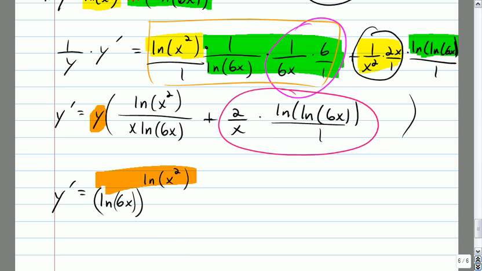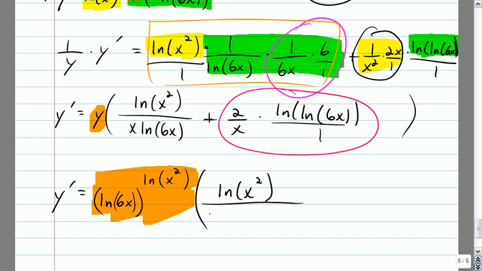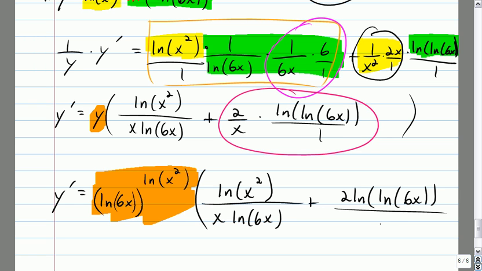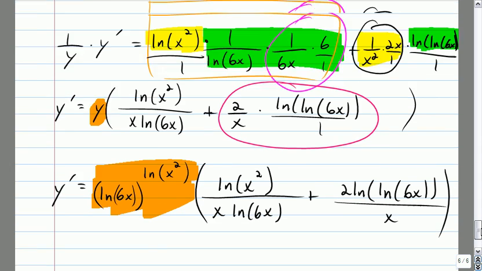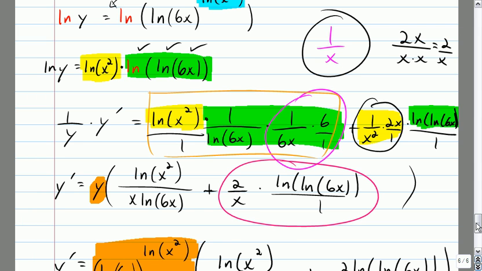So that takes the place of y, multiplied by the natural log of x squared over x natural log of 6x plus 2 natural log of the natural log of 6x all over x. Sweet, we did it. Good job. And that's it. Those are your three practice problems with logarithmic differentiation.